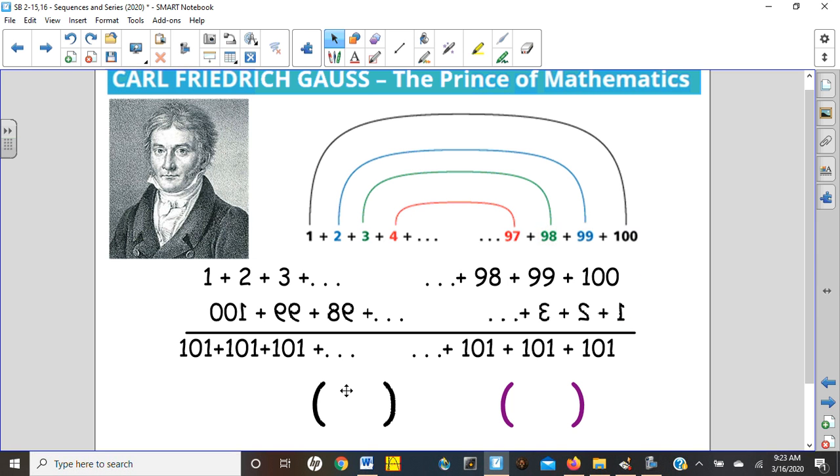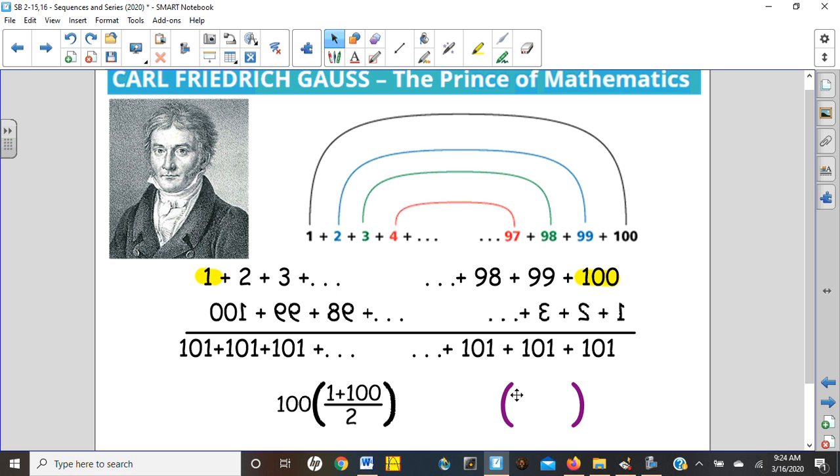And so basically he added the first and the last term, figured out how many of those terms he had, which was 100, and then divided by 2 because he was adding them together twice.